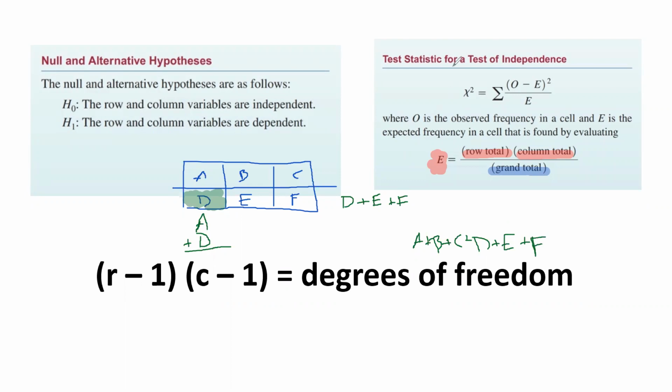All right, so let's do it again. Let's figure out the expected value for B. All right, I need a volunteer. What values will be my row total? What will I add up for that row total?